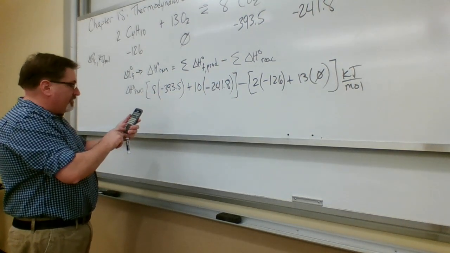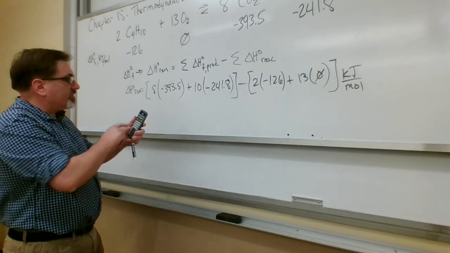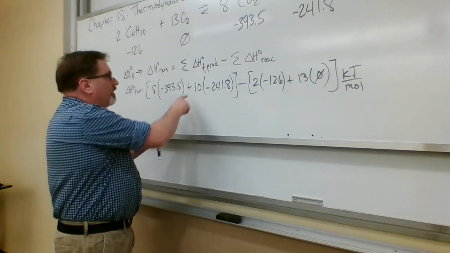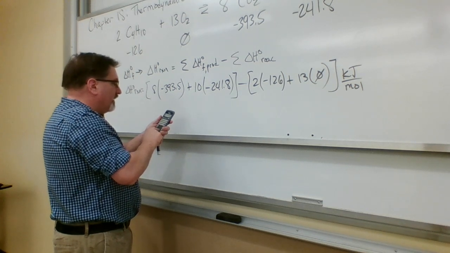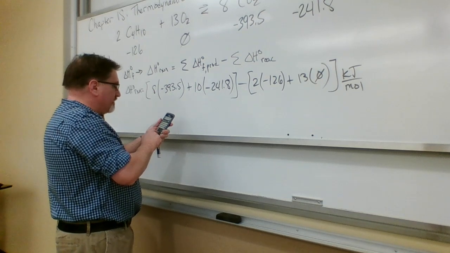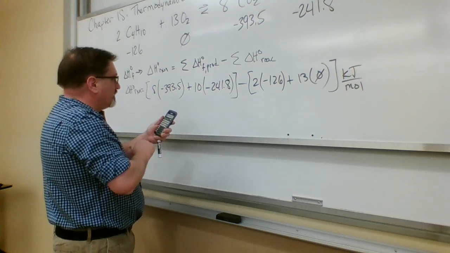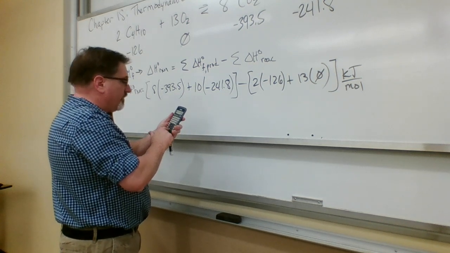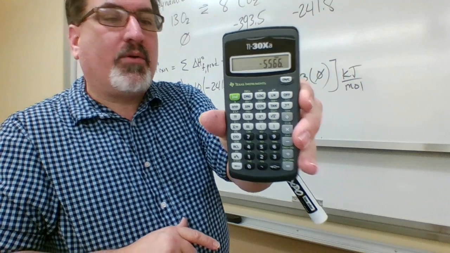I have 8 times 393.5, flip the sign, equals, right now it's minus 3148 on my screen, minus 10 times 241.8 equals minus 5566 for what's on the left-hand part of the equation.